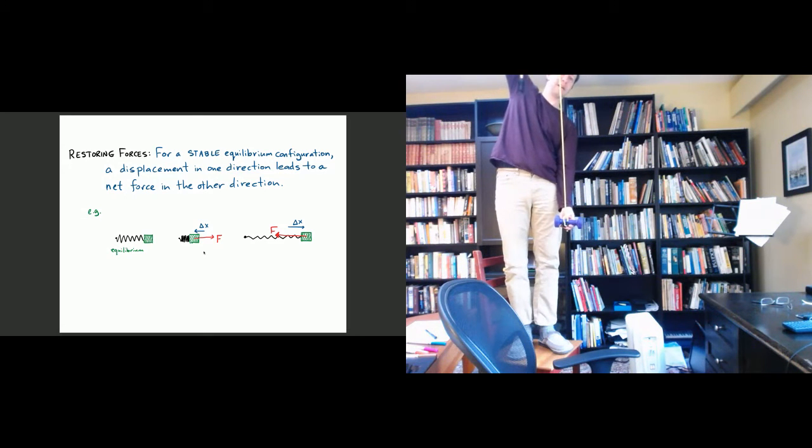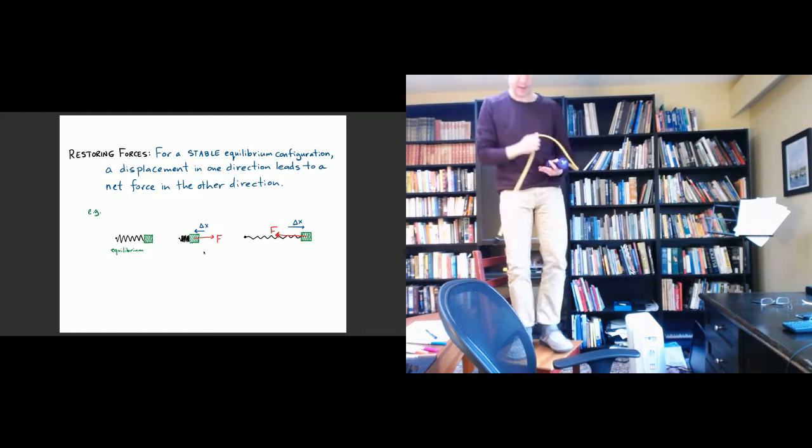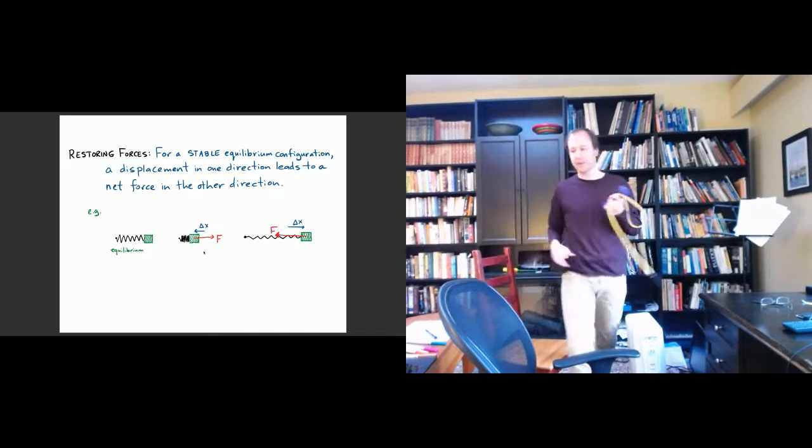Or similarly, I could start out and stretch the object downward. Okay, so just a little bit, and again, what I find is that it oscillates back and forth for a while around that equilibrium position.